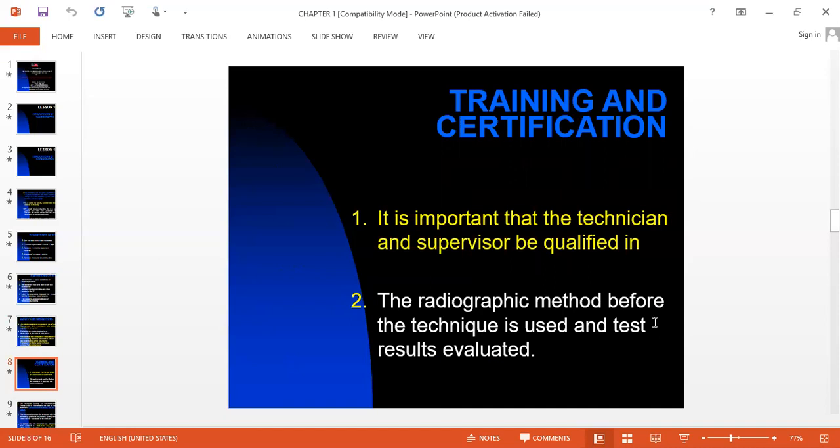It is important that the technician and supervisor be qualified in the radiographic method before the technique is used and test results evaluated. Means training and certification is important whenever you are doing radiography. Without training and certification, we can't expect good results, and it is not allowed as well.